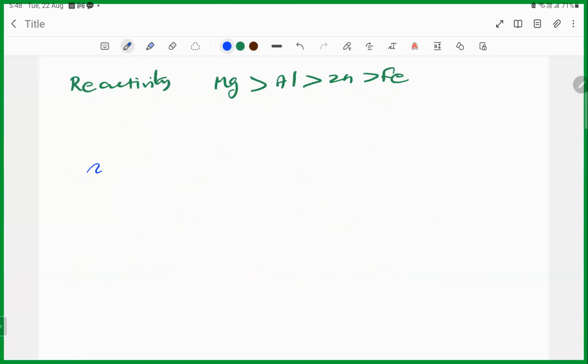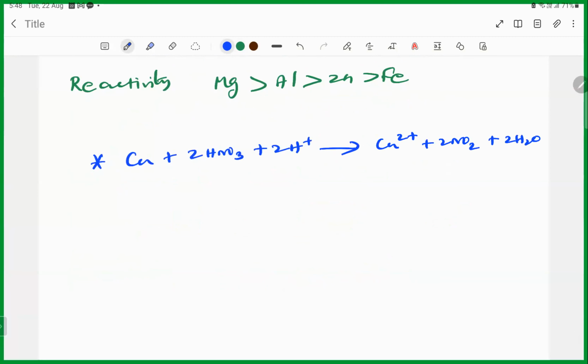Next, reaction of metal with nitric acid. Copper treated with HNO3 gives Cu2+ and 2NO2 plus 2H2. The dilute nitric acid is added to zinc, aluminum, and copper.